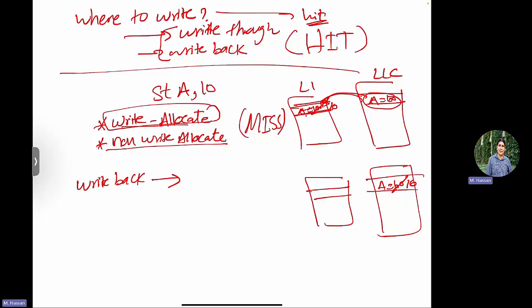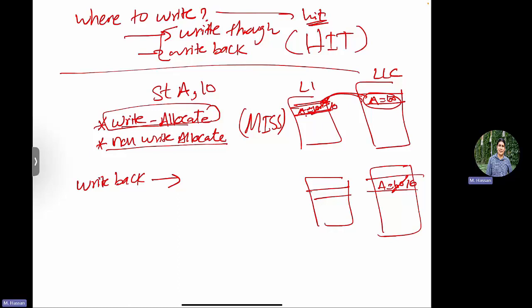Think about how write backs really work, as we said. In the case of a write back cache, you keep writing into your private cache, and you only write to the shared memory when you evict.